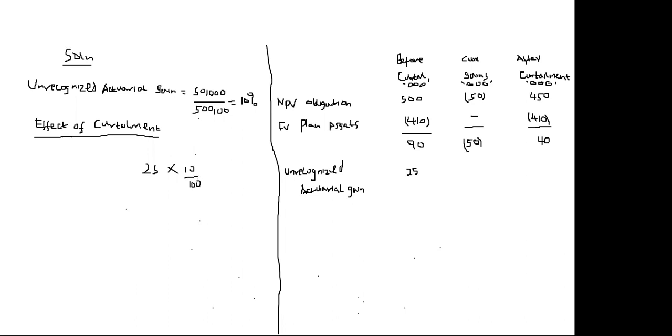So what will that give us? 2.5. Correct, yes. So what will be now the amount after curtailment? So you subtract 2.5 from 25, and that gives us 22.5.